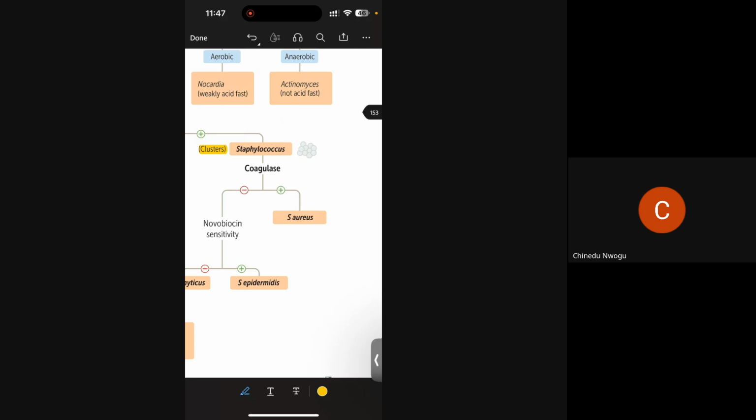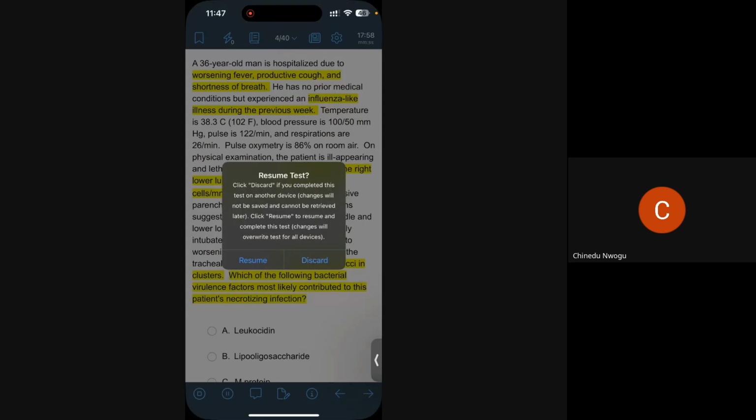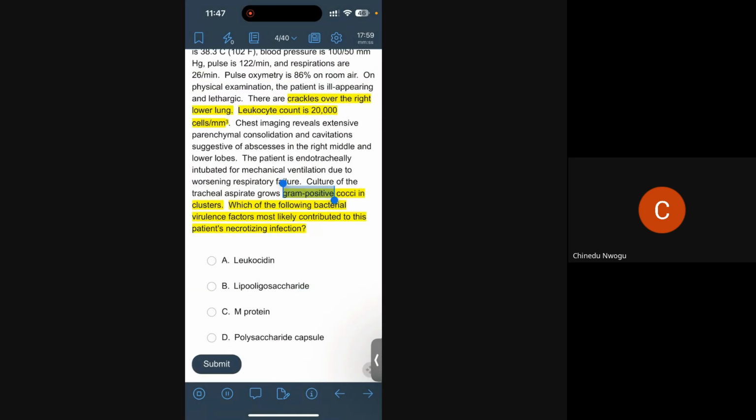Now we have to see what is the main cause leading to the necrotizing infection here. M protein. The M protein is involved in which disease? There is a specific cardiac disease in which there are antibodies against the M protein: rheumatic fever.